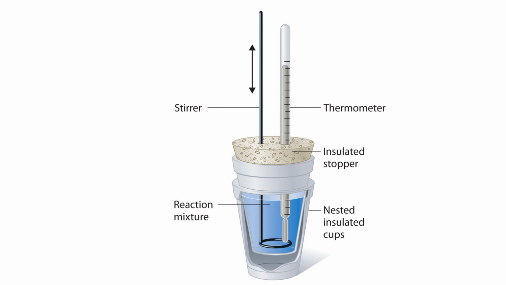What we're going to look at is how we do calculations from a calorimeter to work out the enthalpy change. With that in mind, there are some formulae that we need to know. So we need to know how to calculate the energy change that is associated with the reaction.